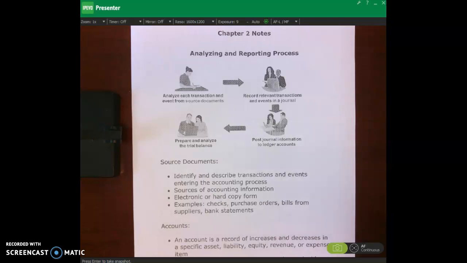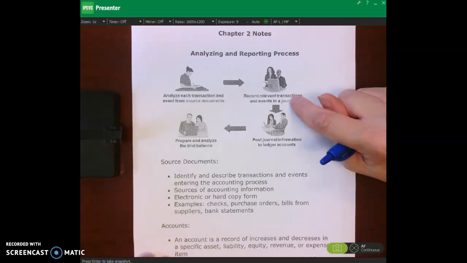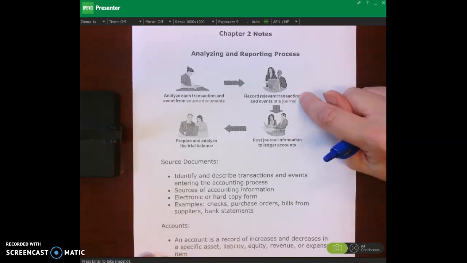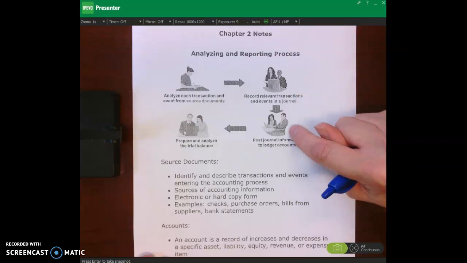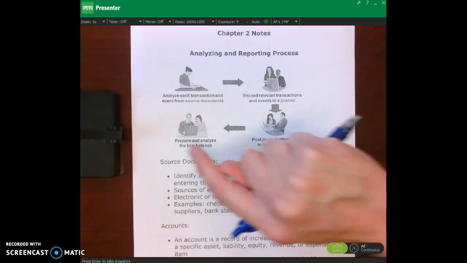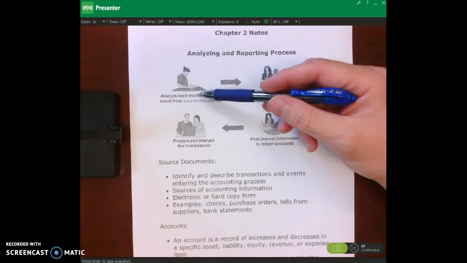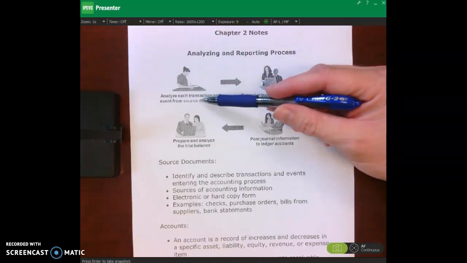Chapter 2 is very important because in Chapter 2, this is where we talk about journal entries. And that's what I mean over here. A journal entry is how we record a transaction in a journal. We talk about then posting it to the general ledger, preparing the trial balance, and then going over and completing our financial statements.